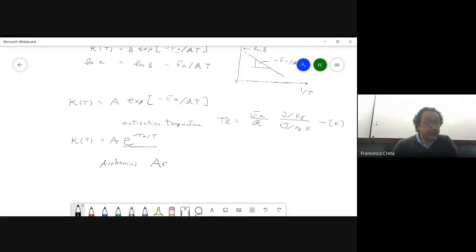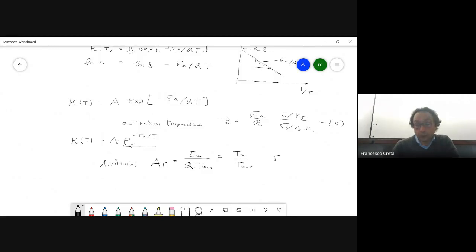It's essentially a measure of how large the activation energy is. We normalize the activation energy by another energy, the universal gas constant times the maximum possible temperature in your system. Clearly, this is also written as the activation temperature divided by Tmax.